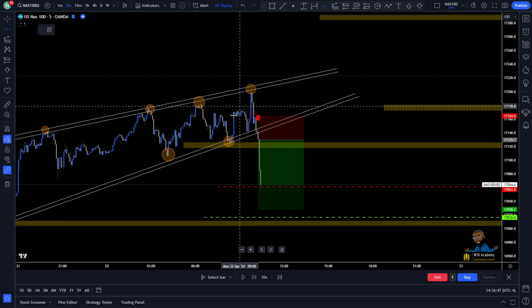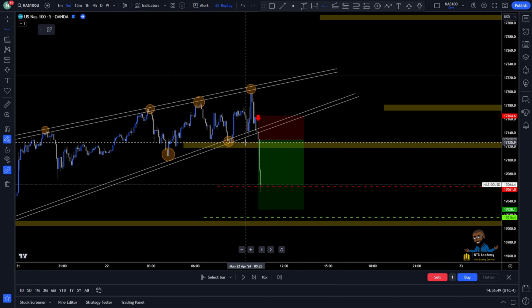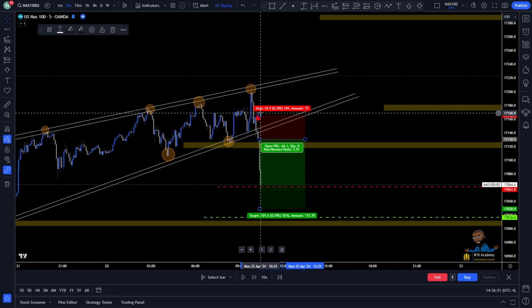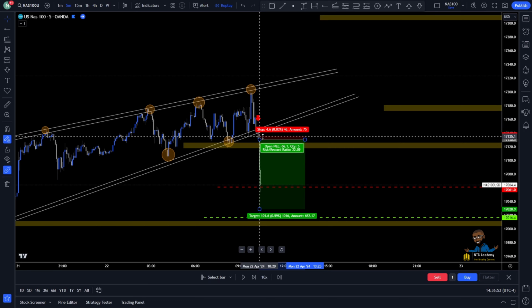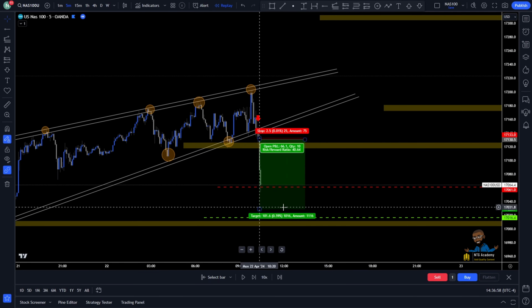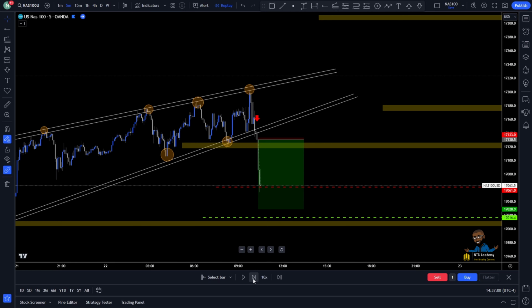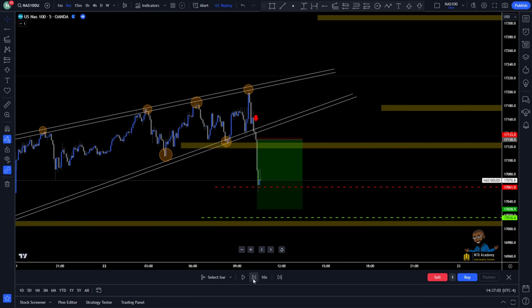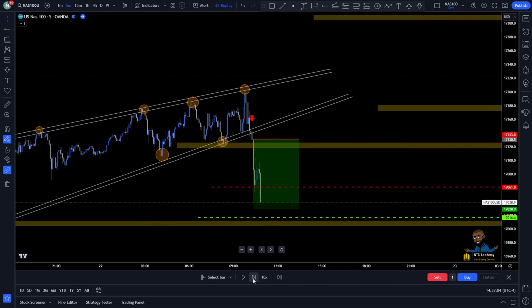So let's drag the stop loss down, and now we have a risk-free trade. We'll let the trade continue to drop and see if we can catch some more pips before it hits the TP area.